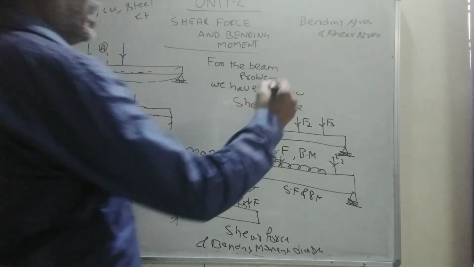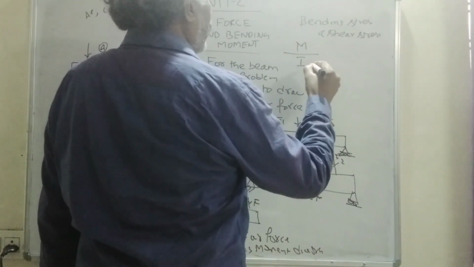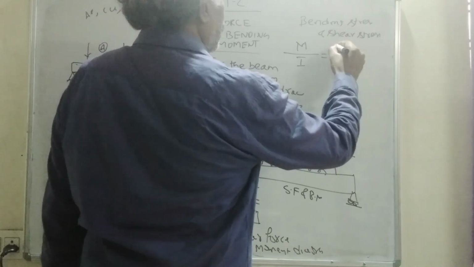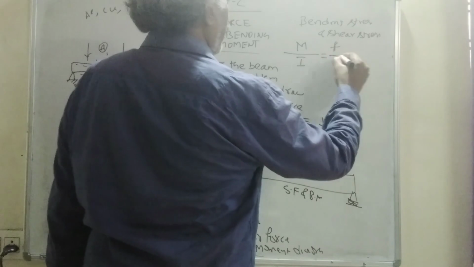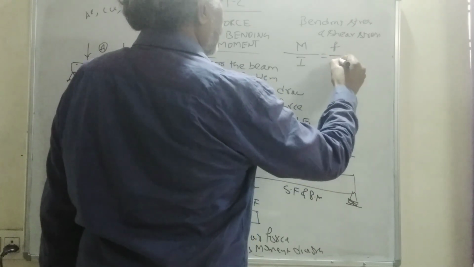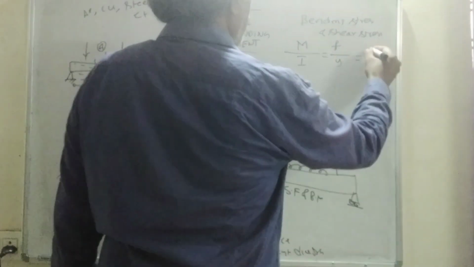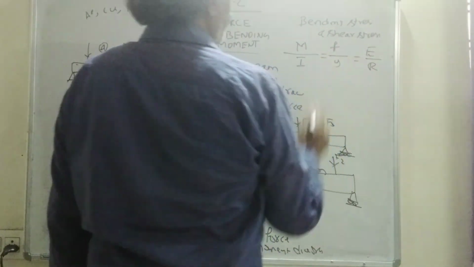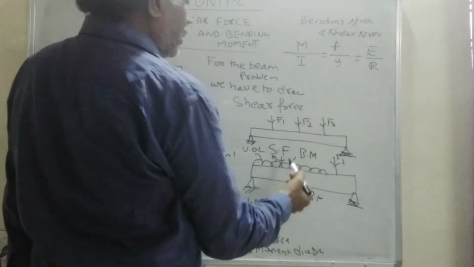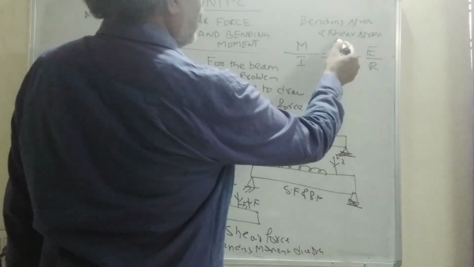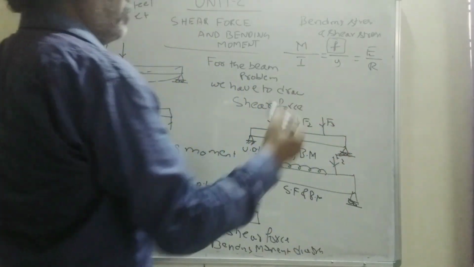Now the bending stress equation: bending moment at any section divided by the moment of inertia of that particular section is equal to bending stress at that particular point divided by the distance from the axis of the beam, equal to modulus of elasticity divided by R. So this derivation will be there, and after determining bending moment for various beams, we will determine the bending stress at any section above the axis of the beam and below the axis of the beam.